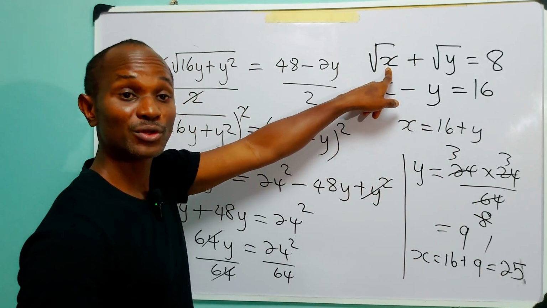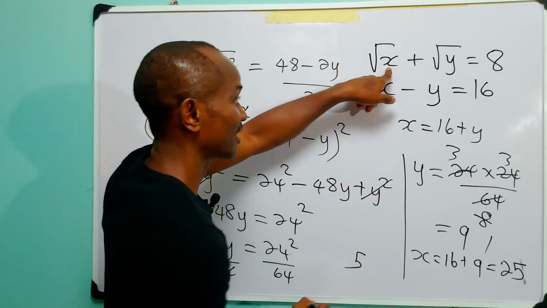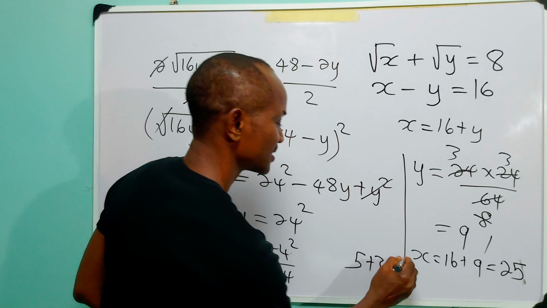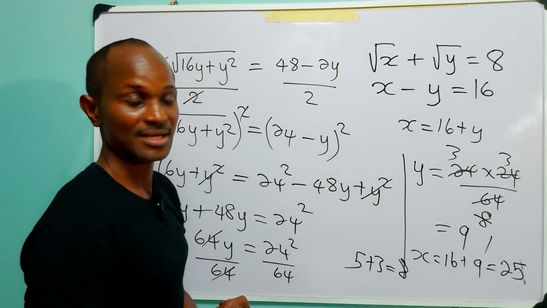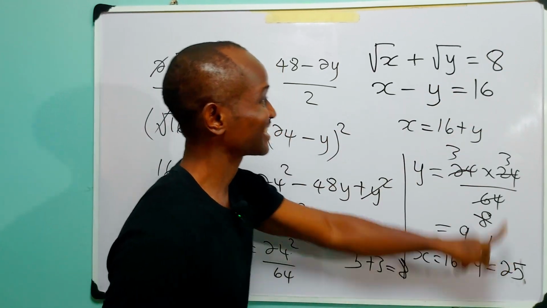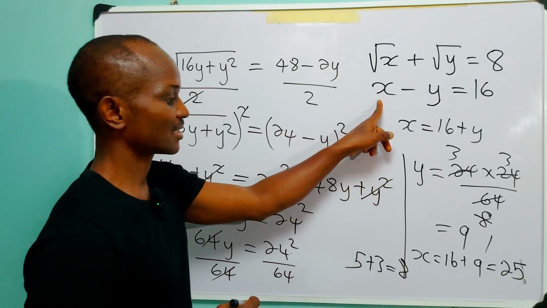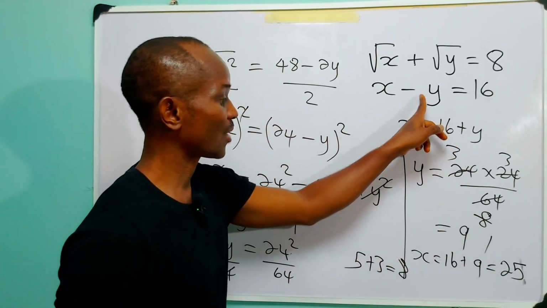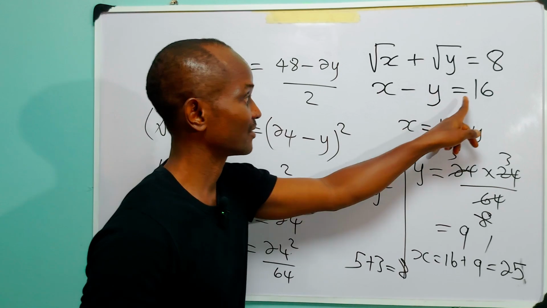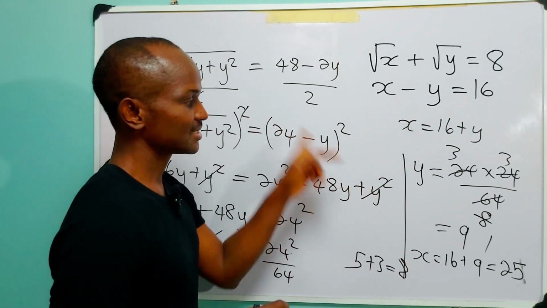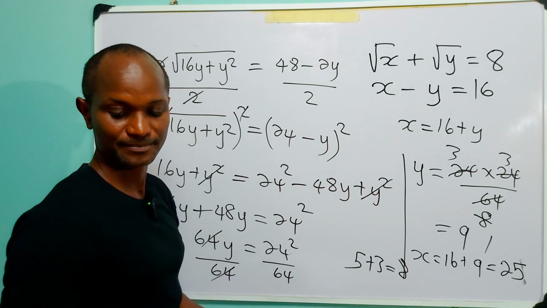So, square root of x is 5, and square root of y is 3, and this is equal to 8. So, the values that we got satisfy the equation that we are trying to solve. x is equal to 25 and y is equal to 9. 25 minus 9 is equal to 16. So, this is the first method.